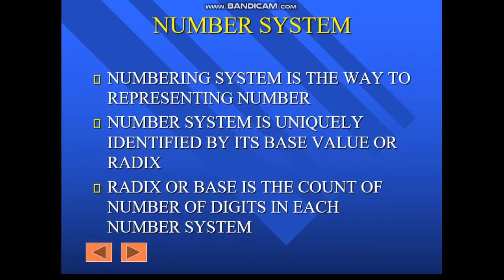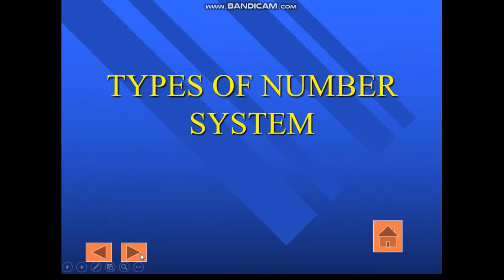The base or radix can be defined as the count of the number of digits of a number system, as I mentioned in the slides. Let's move on and see what types of number system we have.